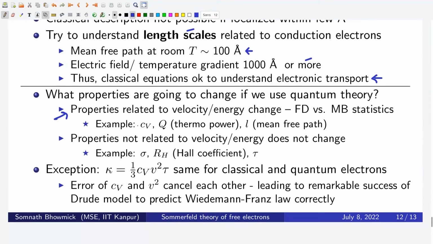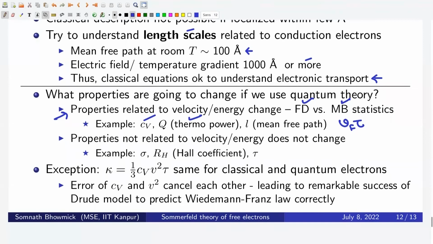And also the energy of the quantum electron gas is much higher because we are using the Fermi-Dirac statistics and not the classical Maxwell-Boltzmann statistics. For example, we have seen that the CV is going to change. We didn't discuss what thermopower is, but thermopower depends on CV, so that will change. The mean free path, right, is like Fermi velocity times tau, correct? Since this is a function of velocity, this will also change, and so on.